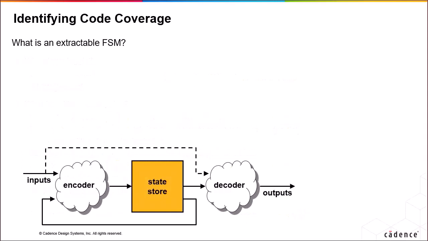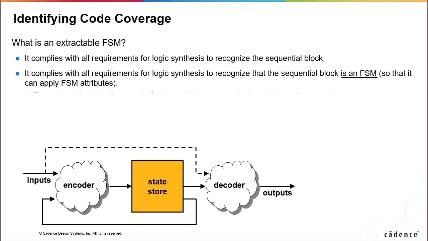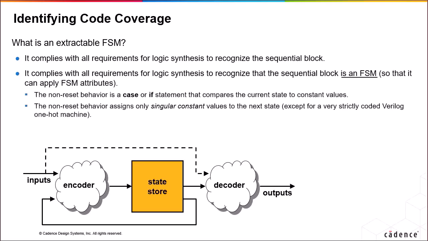For state machines, the one overriding issue is that the Xcelium integrated coverage must be able to statically recognize that the sequential code block represents a state machine. So your state machine must comply with all the requirements for logic synthesis, but beyond that, must also statically look like a state machine.